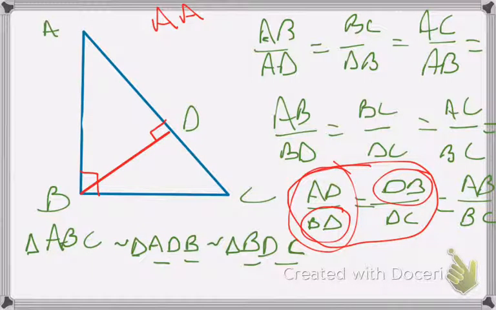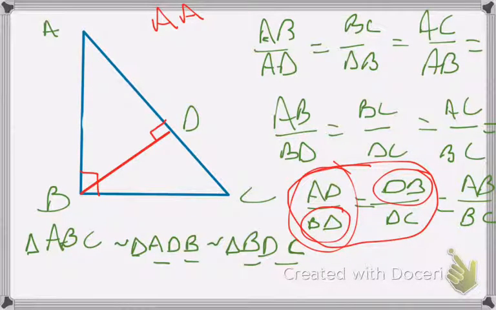So AD and DC are different. In other words, the lengths of some of the segments in this picture end up being the geometric mean of some of the other segments in this picture. That's where our theorems kind of come from. And there are more in all of these ratios, and I would pull them all out, but I want to conserve some time here, so I'm not going to do that.